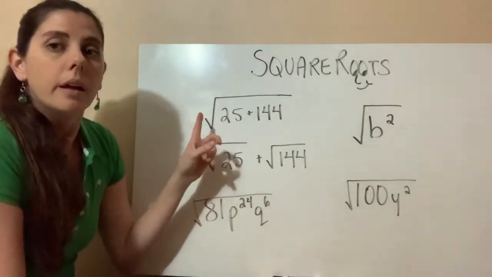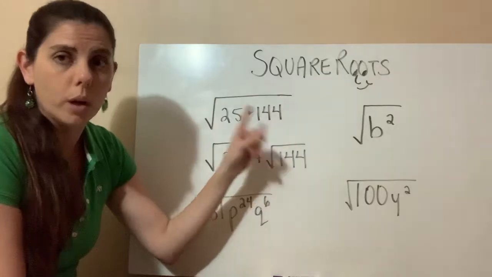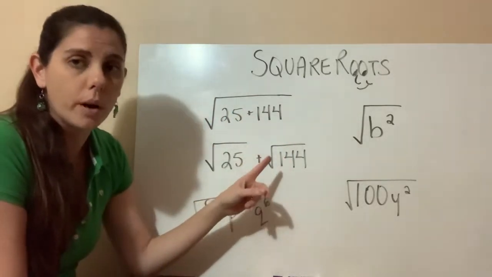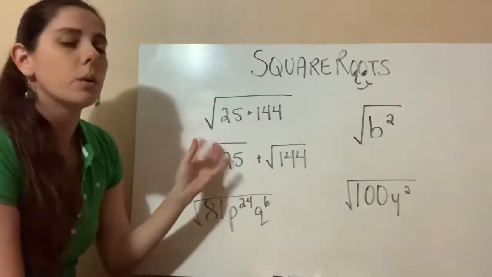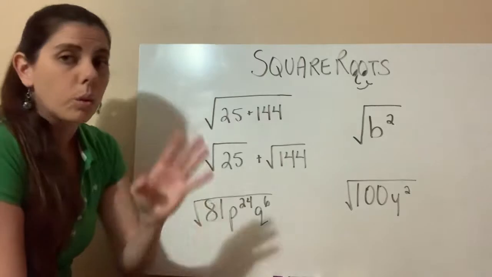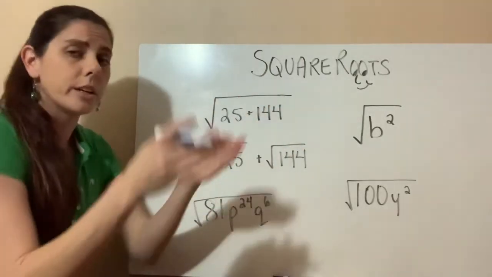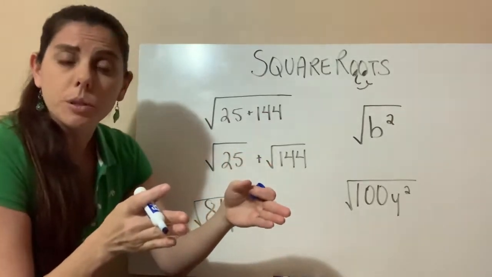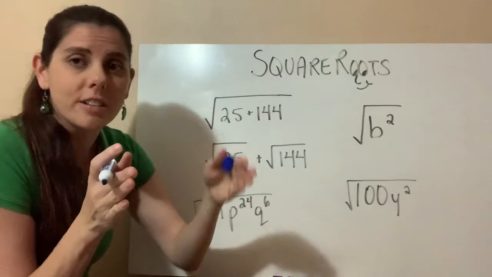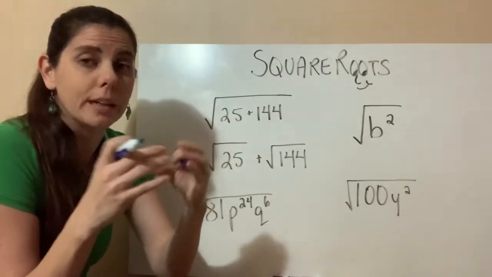The first is the square root of 25 plus 144. And in the second one, we have the square root of 25 plus the square root of 144. So what's the difference between these two? Well, going back to our order of operations, we want to simplify. Just remember the absolute value symbols. Even though the absolute value symbol is not a set of parentheses, we treat it as if it is, and we simplify what's in it first.